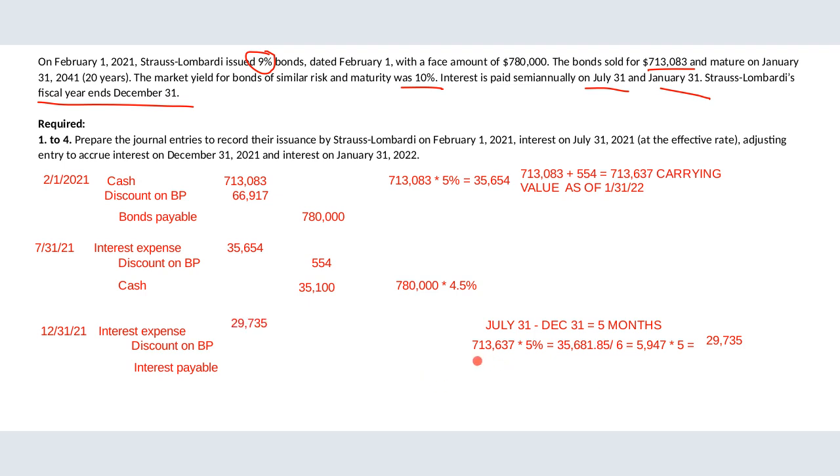All right, now I need to calculate the bond. So it was 35,100 for 6 months. So that's 5,850 per month multiplied by 5.